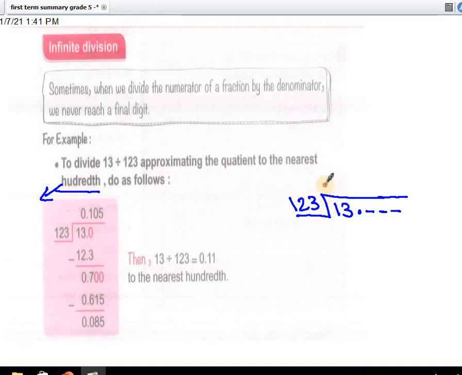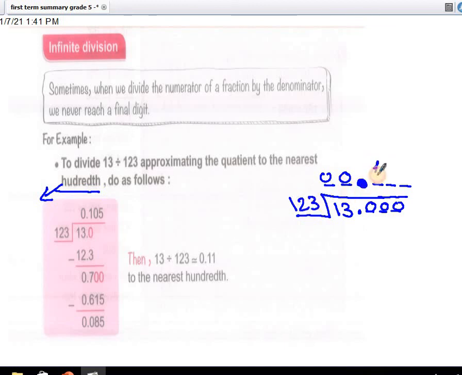Okay, so here I'm going to write 1 2 3, then don't forget to put your decimal point, and then I'm going to start 13 divided by 123. Here of course I have 0 0, yes, okay, and here another 0 0 0. 130 divided by 123. 130, how many 123s does it have?